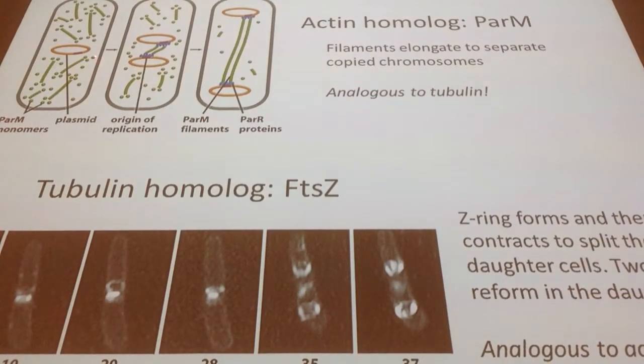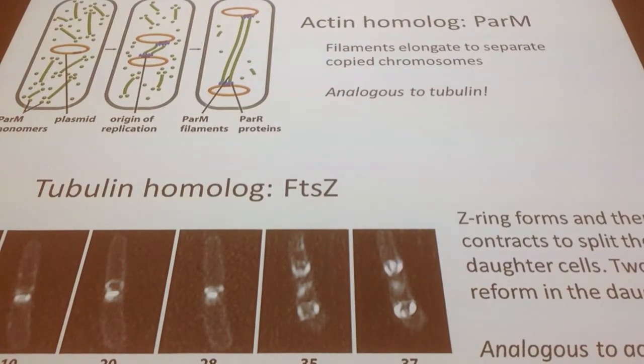However, when you look at the actual structure of the monomer, it looks more like G-actin than tubulin. So ParM is a monomer that looks more like G-actin, so it's homologous to G-actin.